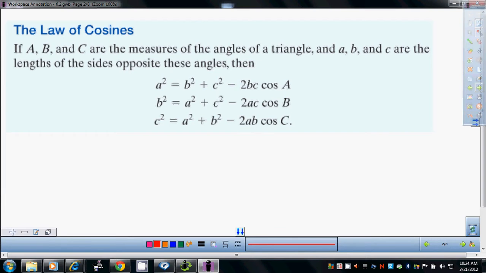But just write down that formula one time, and I'll explain to you why they bothered putting through it. These 3 formulas are the exact same thing.